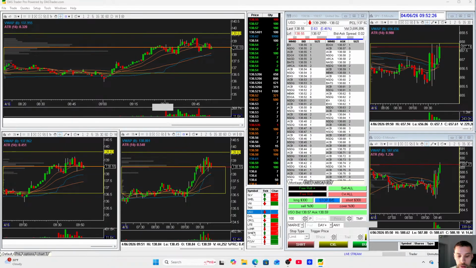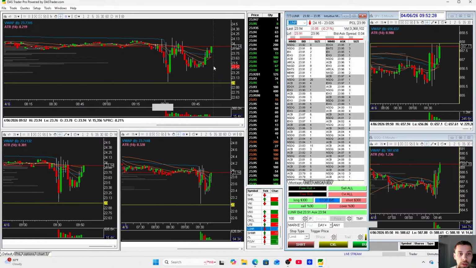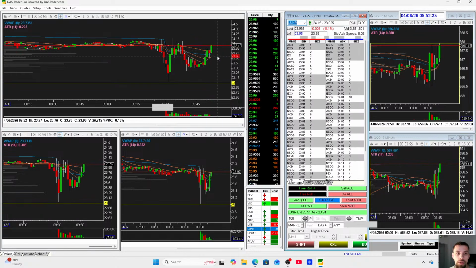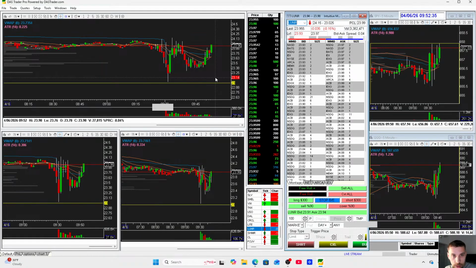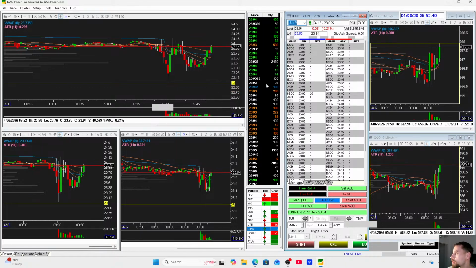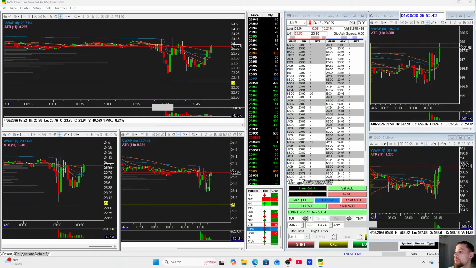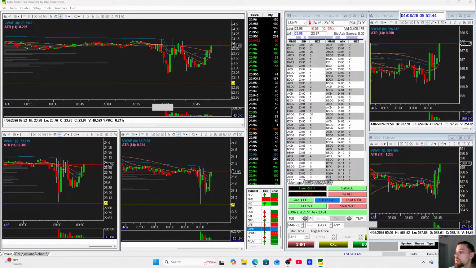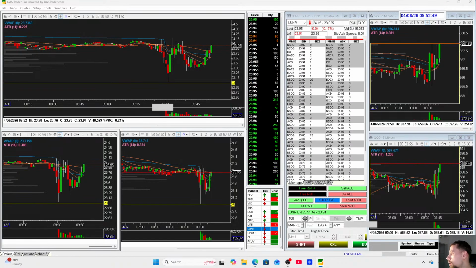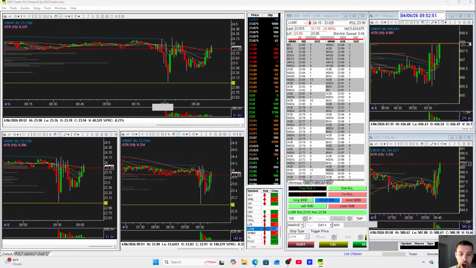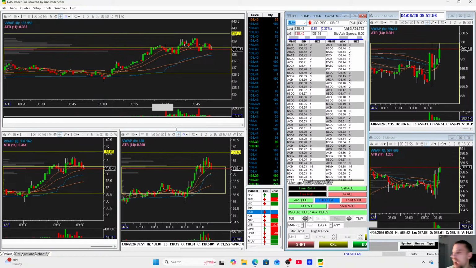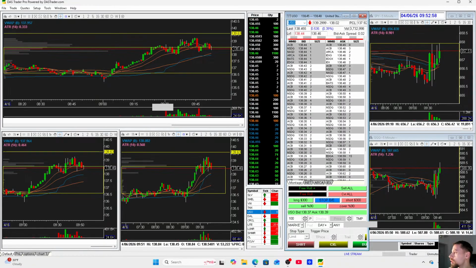Lunar getting some nice volume to the upside. Getting pushed up nicely. It's a good thing we didn't short that, huh? Uso pulling back.